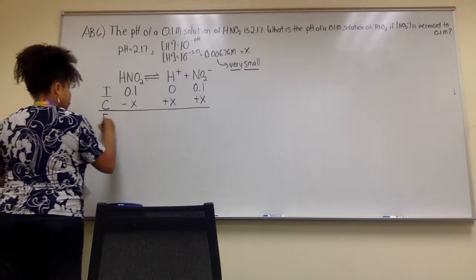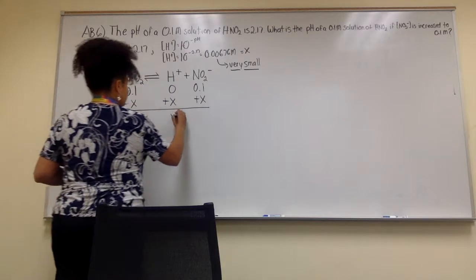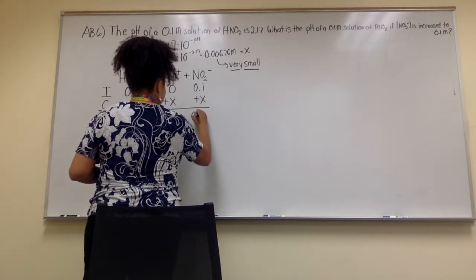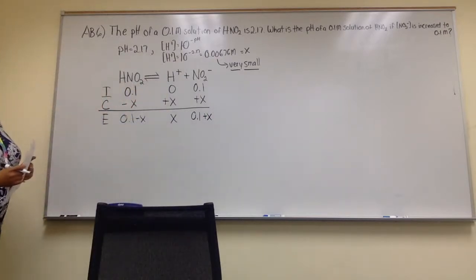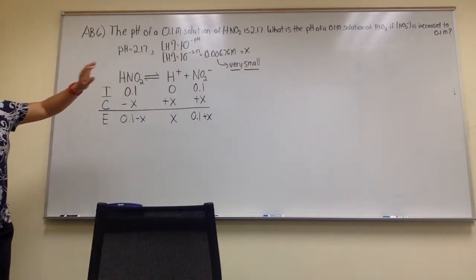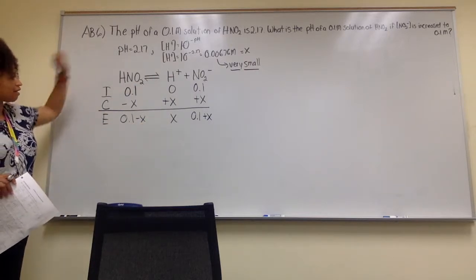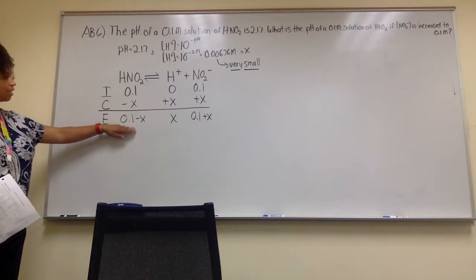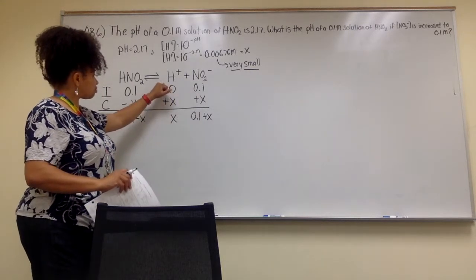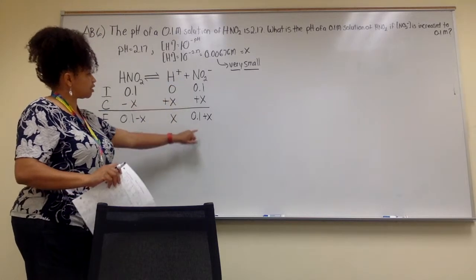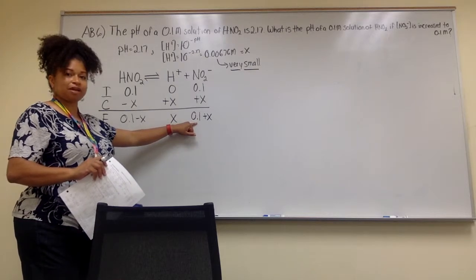Equilibrium concentration gives us 0.1 minus x, x, and 0.1 plus x. So before, when we didn't add anything to it, and we just had the weak acid itself, when we had our equilibrium concentrations for H plus it was x, and for NO2 it was just x. But we've added some additional 0.1, okay?